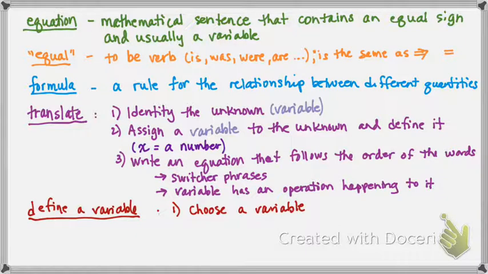I'm always X. So I try to break out of the X mold, but I just choose X. And then you're going to write what it represents. Write the words it replaces. Okay, because remember, we're taking the words right out of the problem.